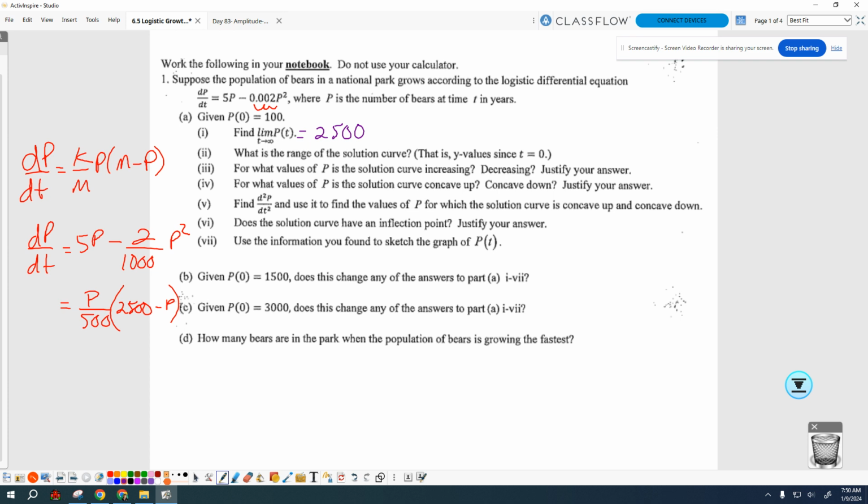Okay. And I don't like this wording, but this is from the goddess of calculus. Like, nationally, her files are shared with every calculus teacher on the planet. She uses the words, what is the range of the solution curve?